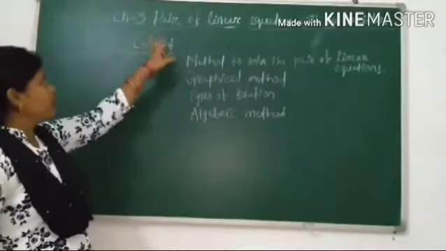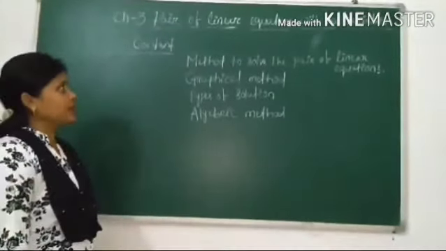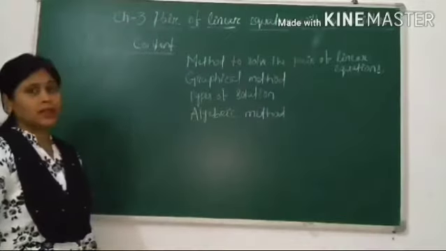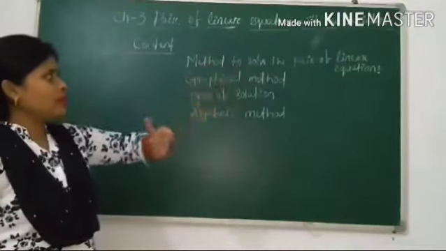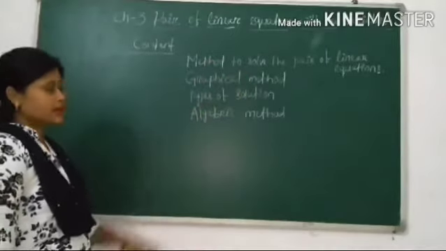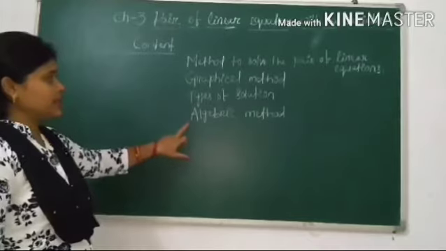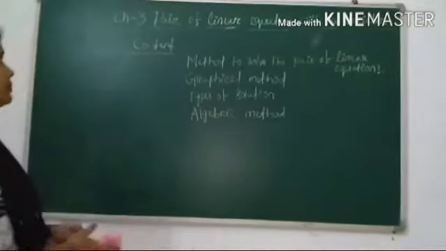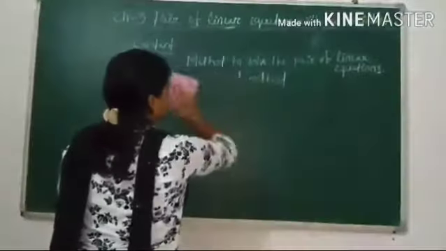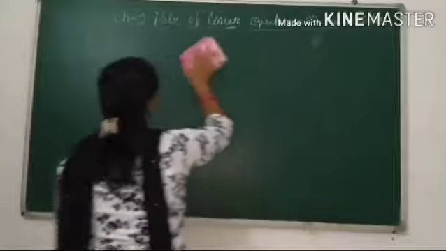So today we are going to discuss pair of linear equations with two variables. The contents are method to solve the pair of linear equations, graphical method, types of solution, and algebraic method. These are the contents we are going to cover.